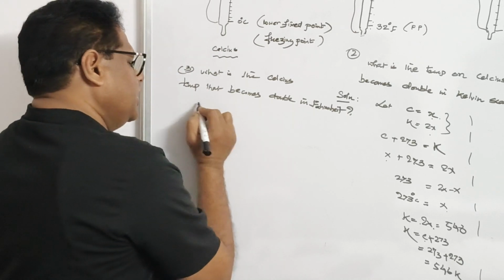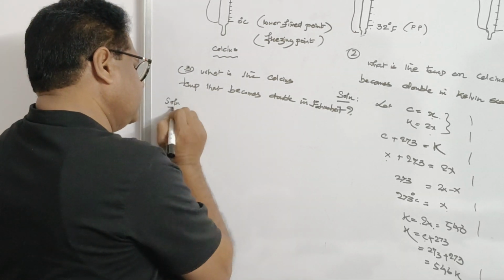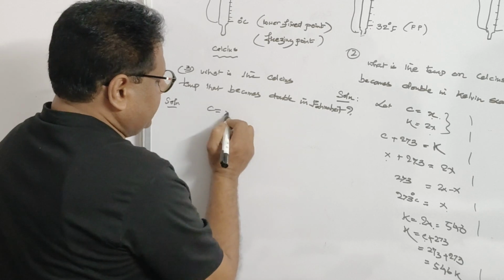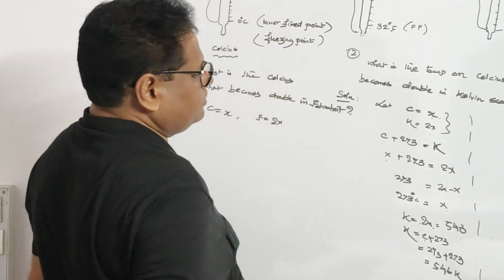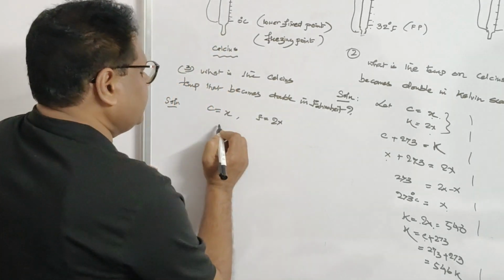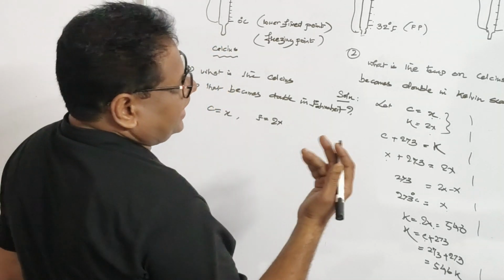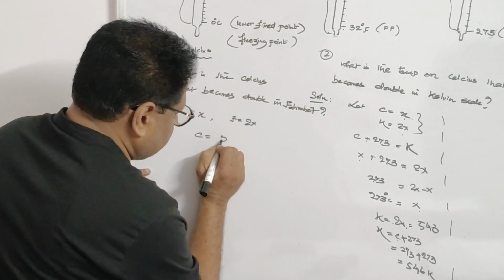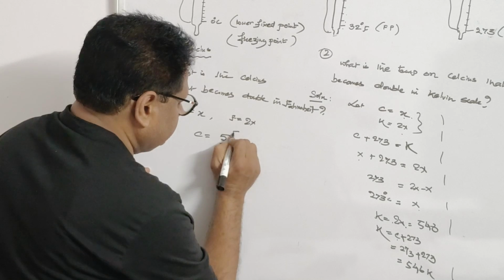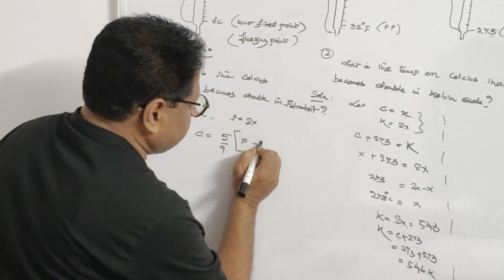That means if Celsius temperature is x, then the Fahrenheit temperature comes 2x. Now what is the relation between Celsius and Fahrenheit? As we discussed two relations, we can use any one of them. Suppose Celsius equals 5 by 9 within bracket F minus 32, right?